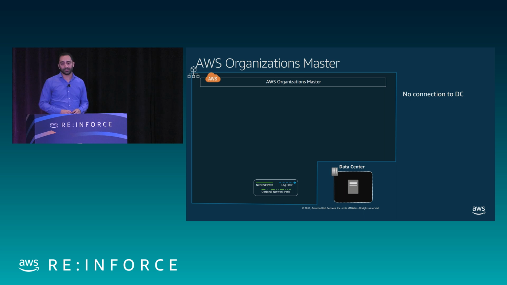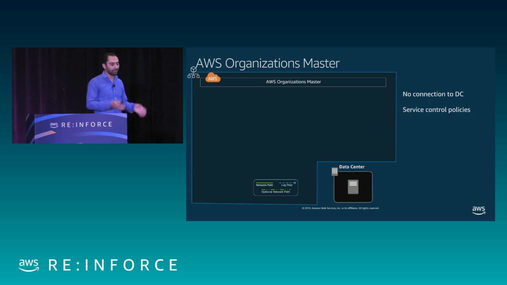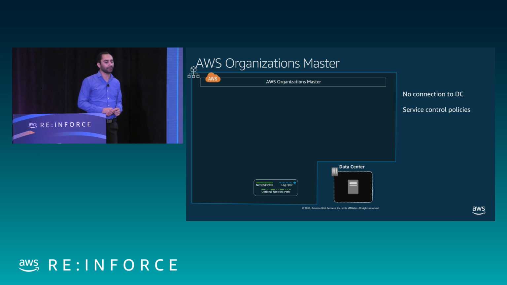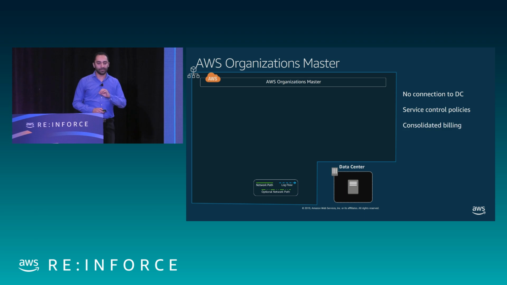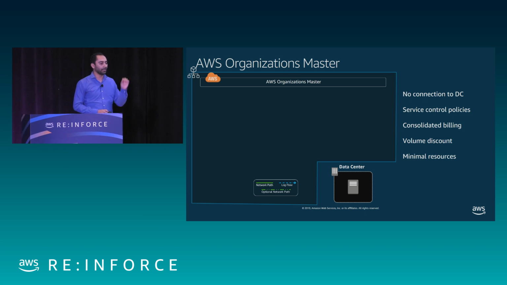Sometimes it's a cloud center of excellence in conjunction with a security team, but it is an account that allows you to manage a whole number of other accounts within your organization. It should be limited resources, minimal things. You get consolidated bills go up there, and it is there to host your overall environment.